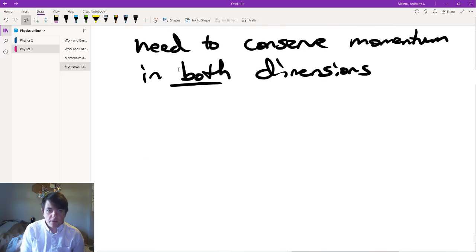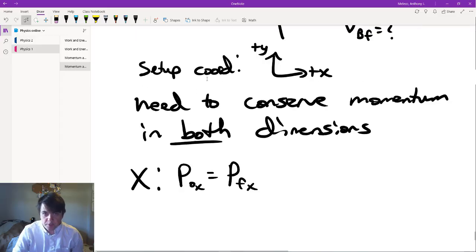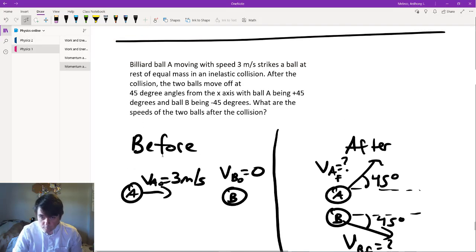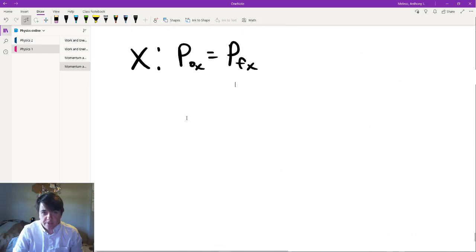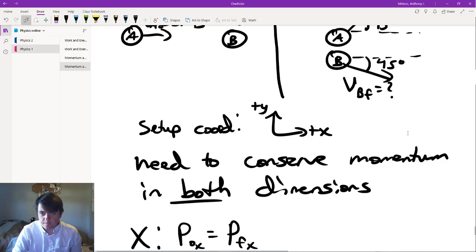So in the x direction, we have P initial in the x equals P final in the x. The initial in the x is A is moving along the x-axis, right? So it says 3 meters per second. So I'm going to say MVAO in the x direction plus 0 because the second ball wasn't moving, and this will equal P final.